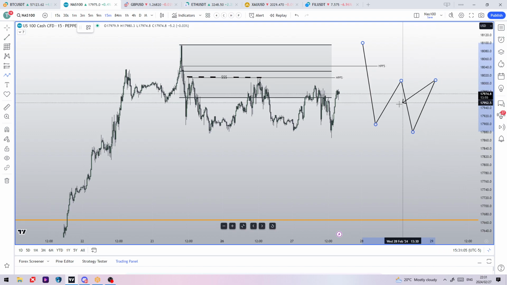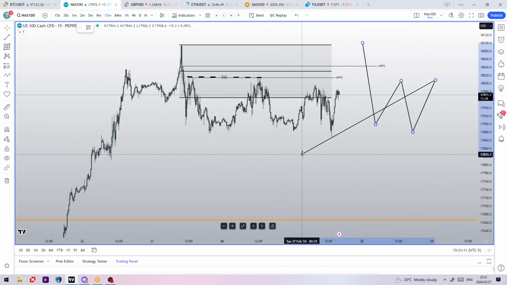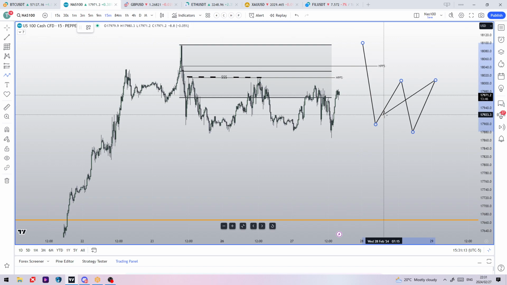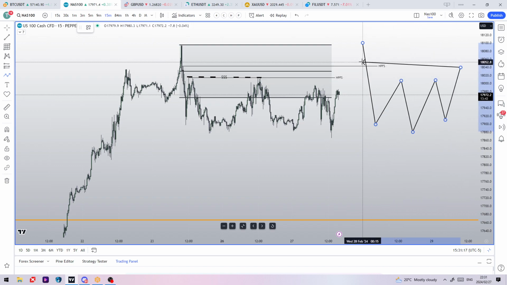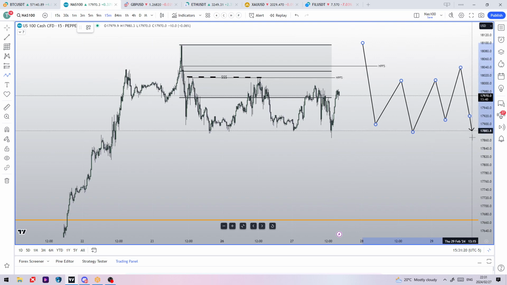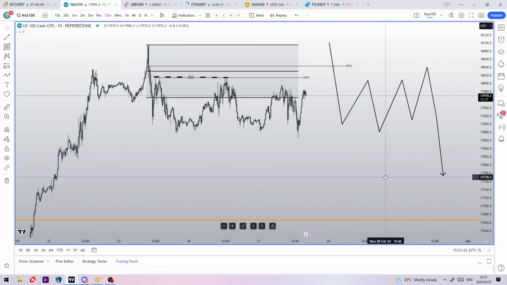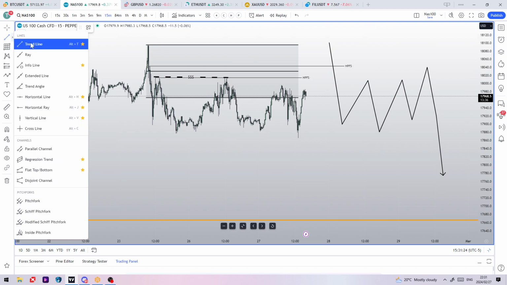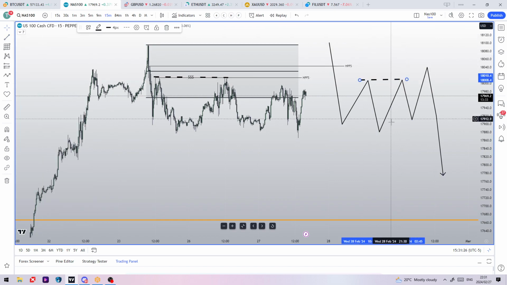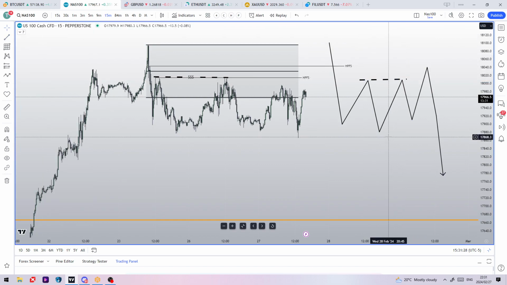I think I mentioned early this morning, even if they wanted to push this from here down lower and then come back up, I wouldn't mind it. But they're doing this. Take these, mitigate 50%, then push lower. That's fine with me. There's your trend line liquidity right here. See that? Slight variations.